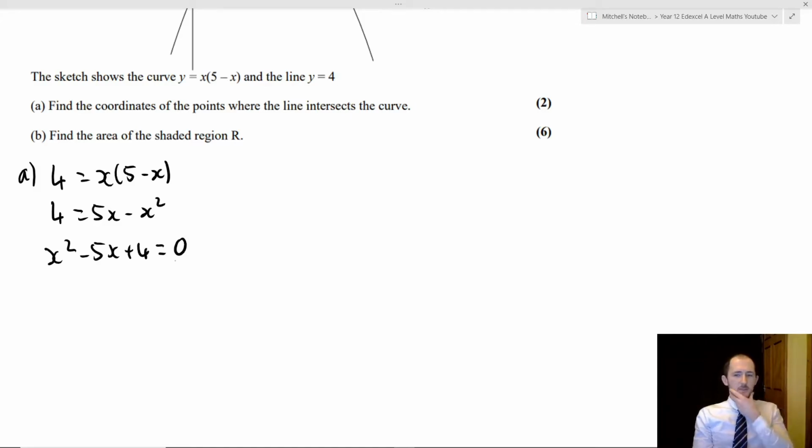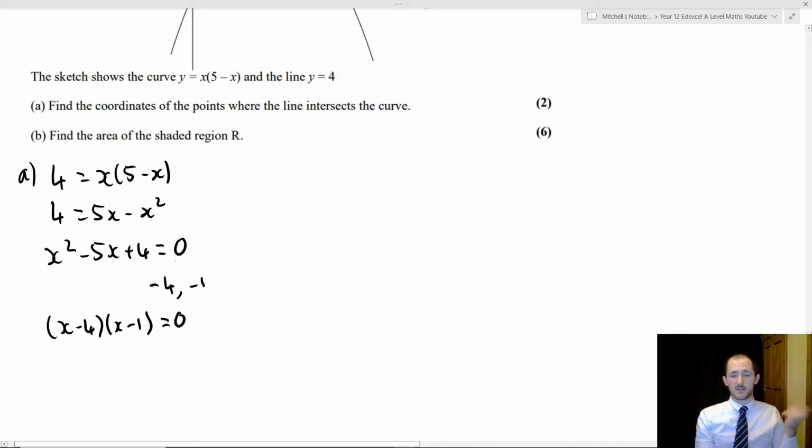If we're being lazy, we could find 2 numbers that multiply to make 4 and add to make minus 5. So actually that's not too bad. It's just minus 4 and minus 1. So our brackets are just (x minus 4)(x minus 1). And again, you can use the quadratic formula just to get the answer straight away. No harm, no foul. So our 2 values are x equals 1 and x equals 4.